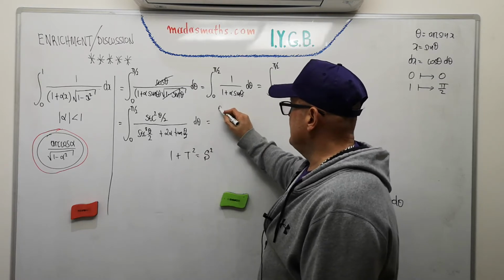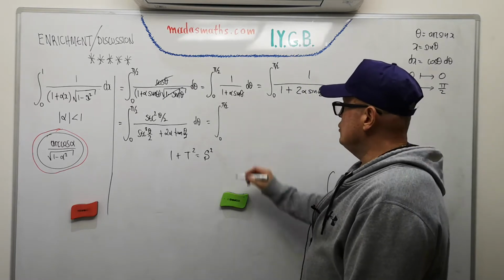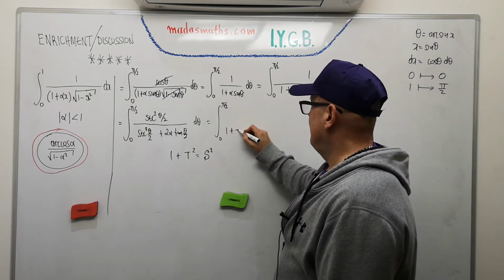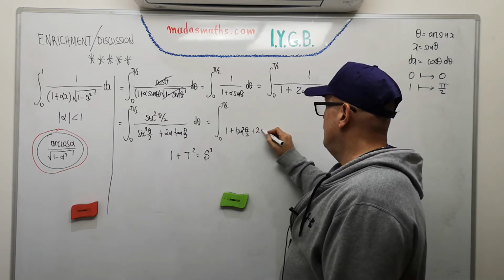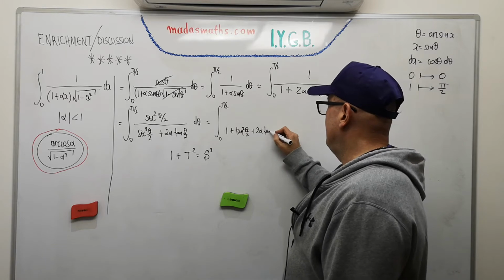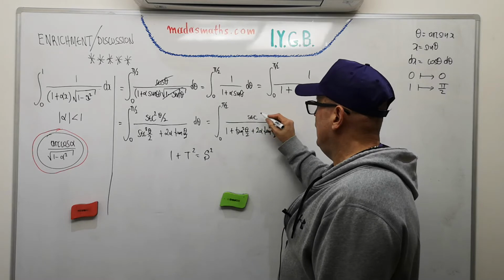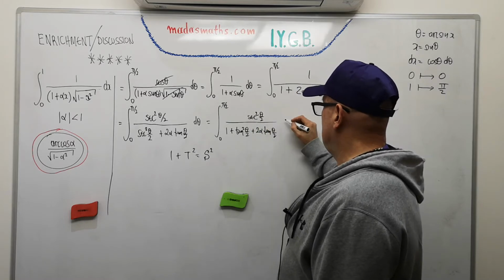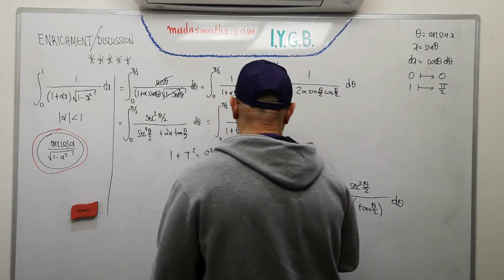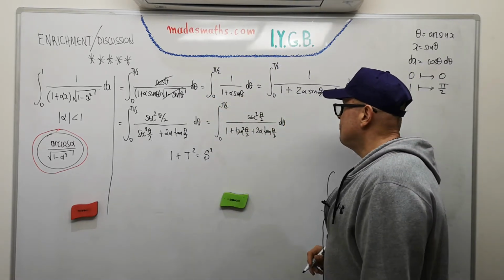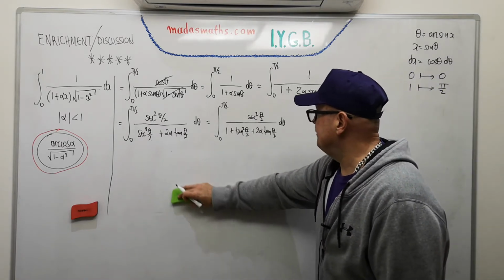So I'm going to use standard trig identities, from 0 to pi over 2, and this is going to give me 1 plus tan squared of theta over 2 plus 2 alpha tan of theta over 2, and job is done. I wish. Well, the job is done to actually get to this form, no problem, but we're far from the answer. So let's see what we can do next.